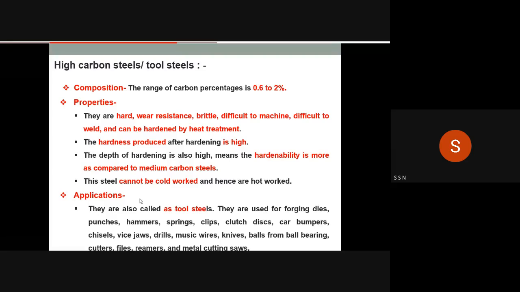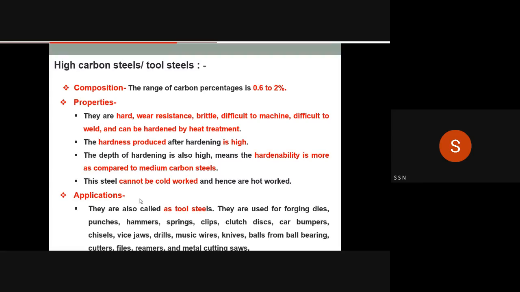As the percentage of carbon is very high here, they are called high carbon steel. Their properties will also be like that. As the percentage of carbon increases in the steel, it becomes very hard. So high carbon steels are very hard, wear resistant, and brittle.